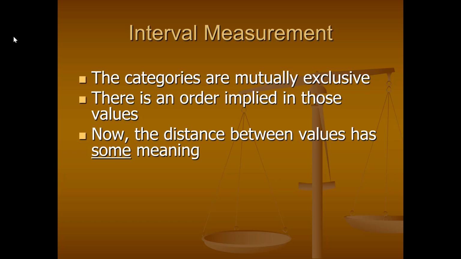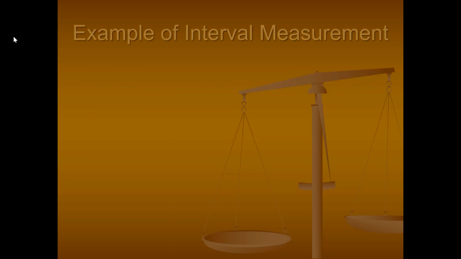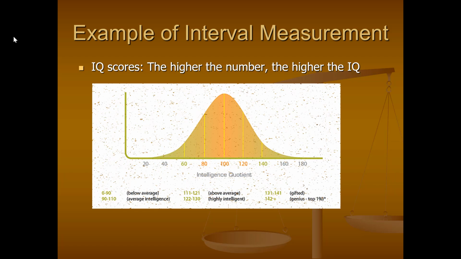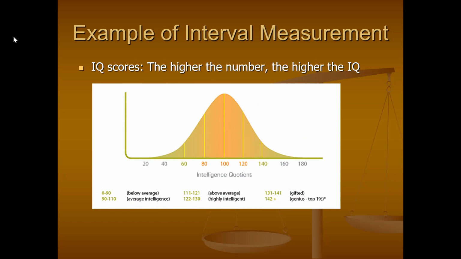And when I say some, and I underline it, it's because this is a controversial point. People argue exactly what that meaning could be. So let's talk about this in terms of an example. IQ scores. The higher the number, the higher the IQ, right? You probably saw this in your human behavior and social environment textbook, or you probably went over this in that class.